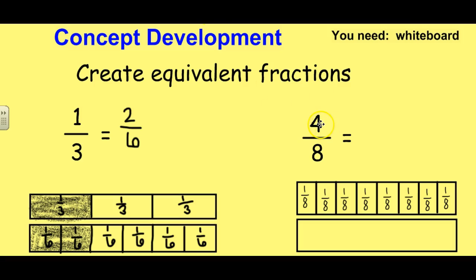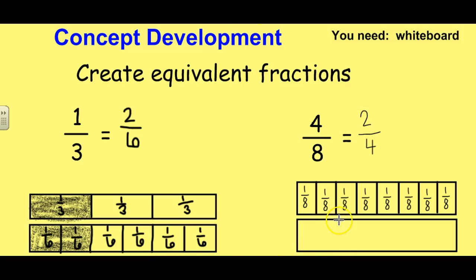So if I divide 4 by 2, that gives me 2, because whenever I'm skip counting by 2, I say 2 times and that gives me 4. And 8 divided by 2 gives me 4. So my equivalent fraction could be 2/4.